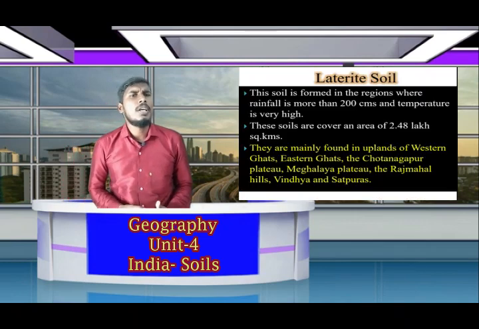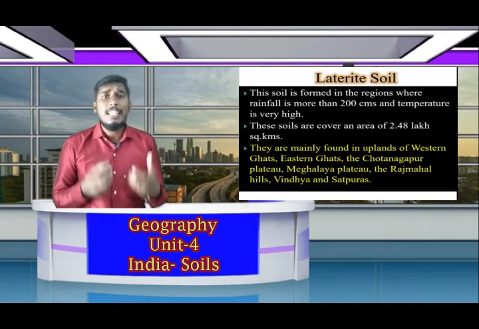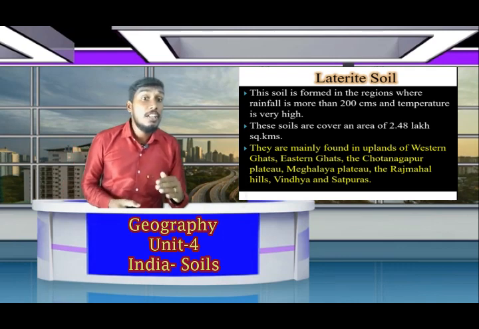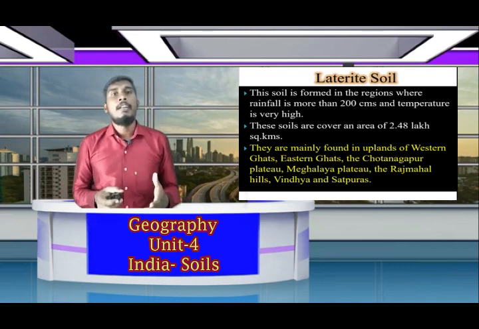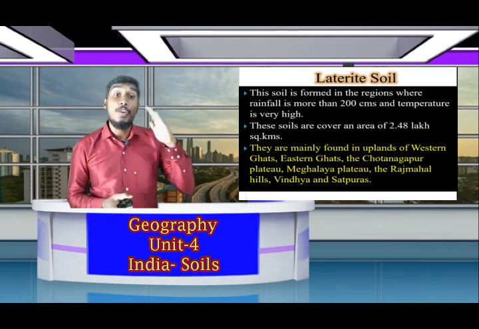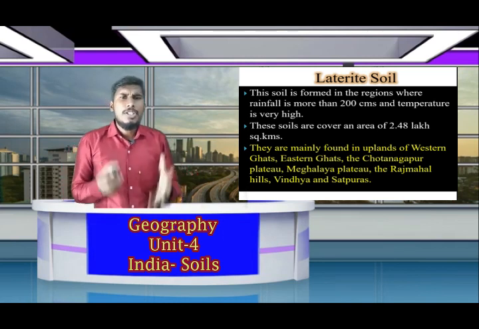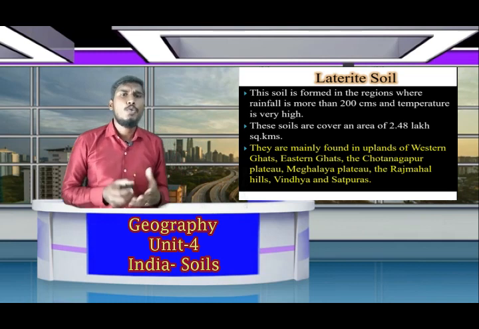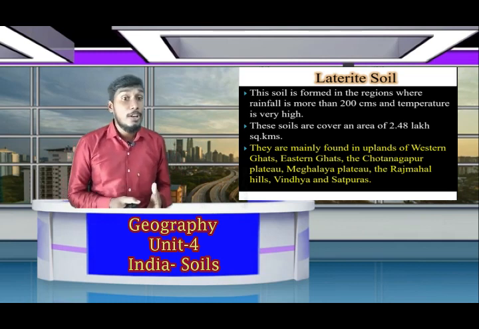The laterite soil is formed in regions where the rainfall is more than 200 centimeters and temperature is very high. The soil covers an area of 2.48 lakh square kilometer.